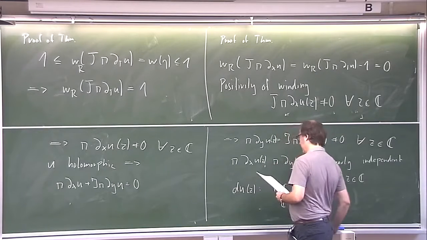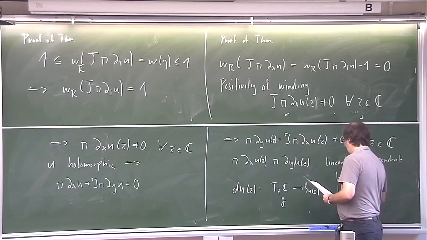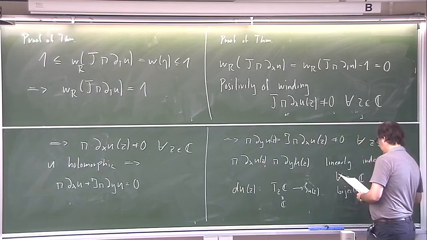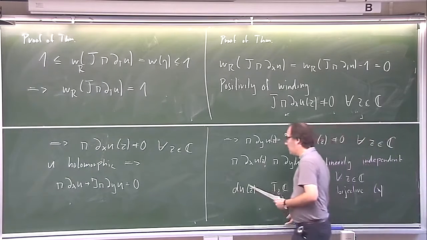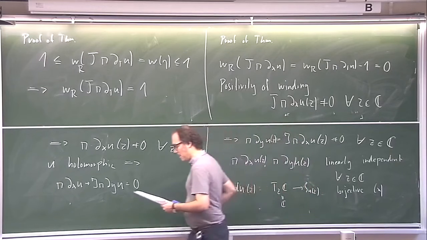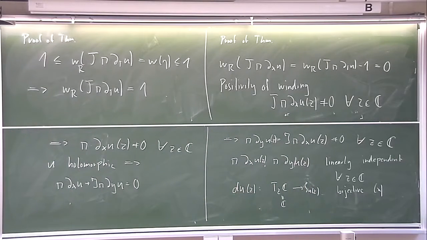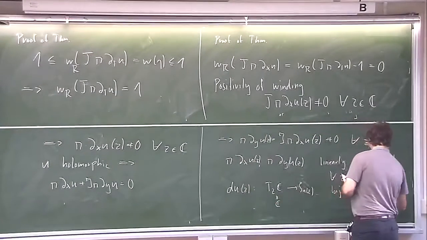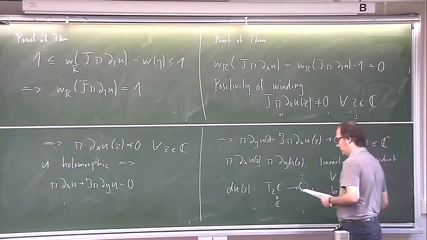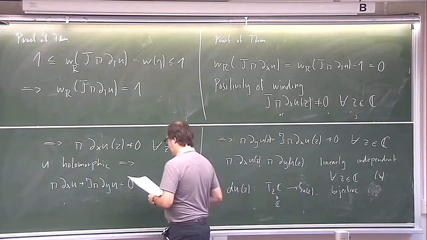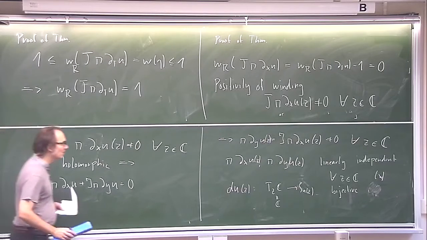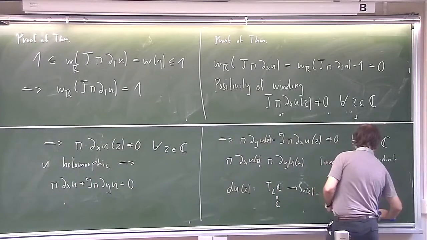This we can identify with C. This is also bijective. And in particular, star. So we have, this is a bijection.